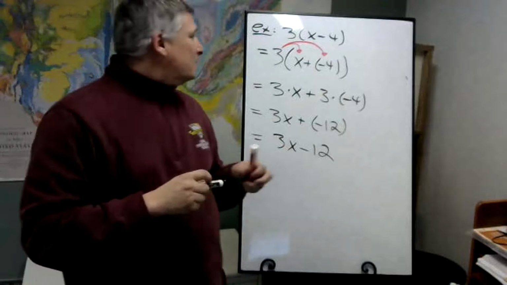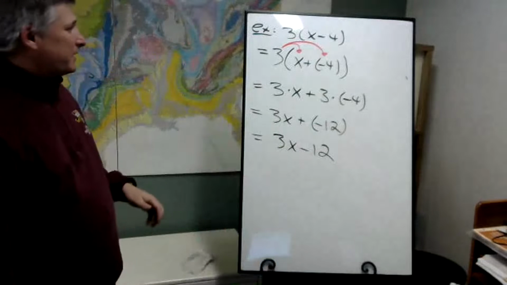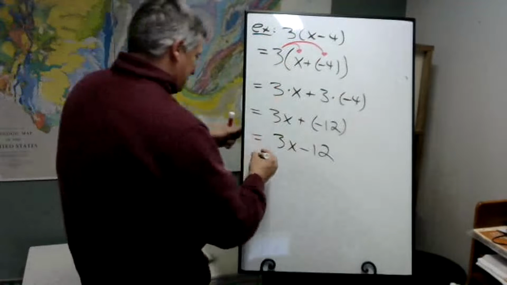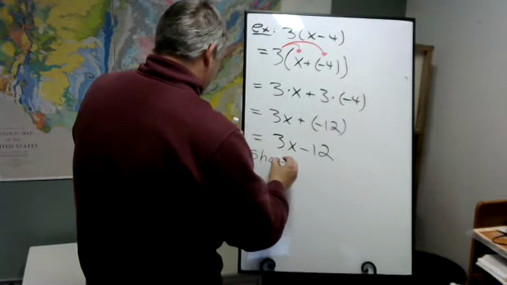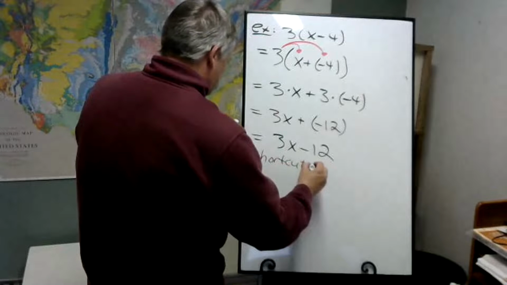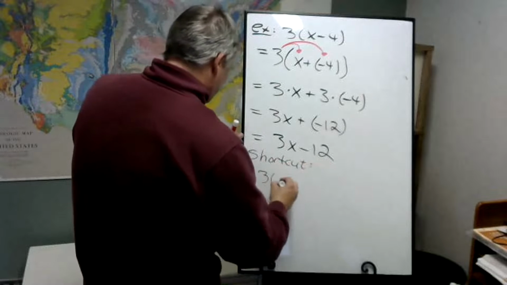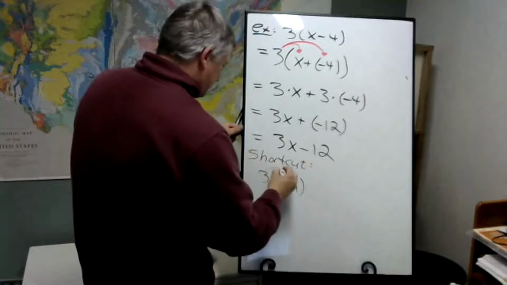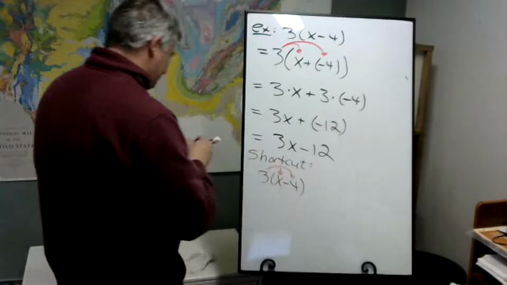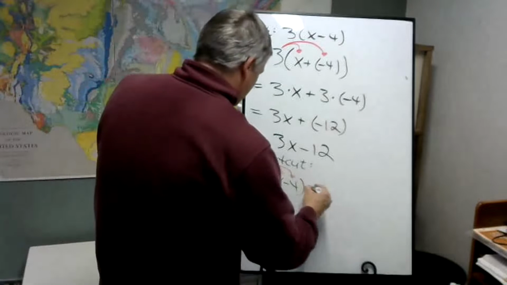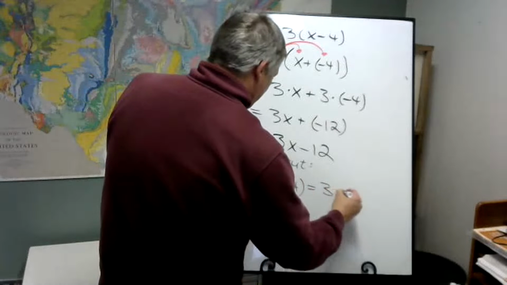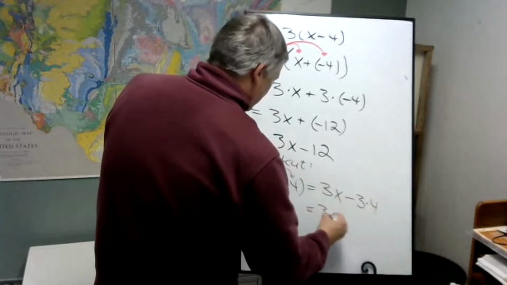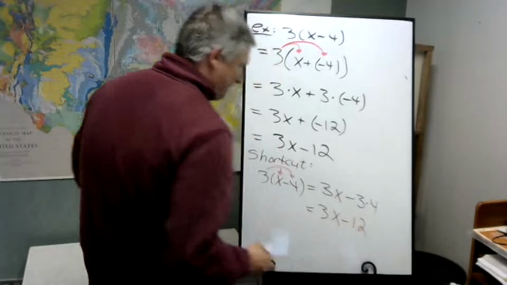And there we go. Now again, we want to look for a shortcut here, just to go from here to here, and there is. We can distribute the 3 to get 3x minus 3 times 4, or 3x minus 12.